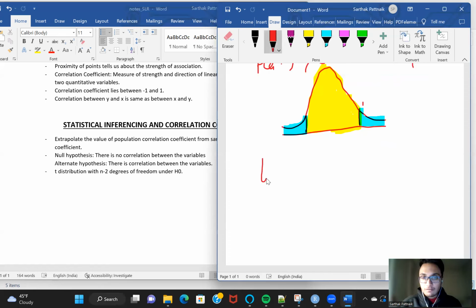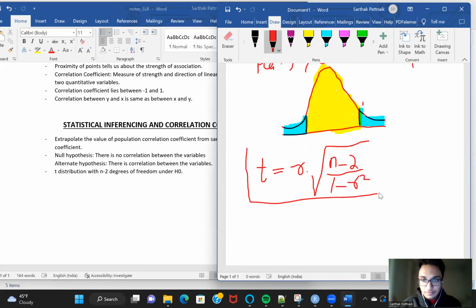The test statistic value will be t is equal to r into the square root of n minus 2 upon 1 minus r squared. This will be the value of my test statistic. This we need to compare with the critical value.